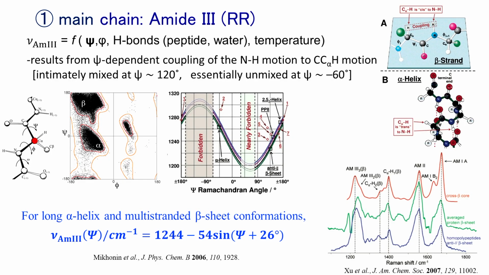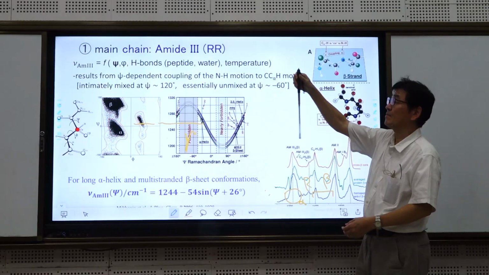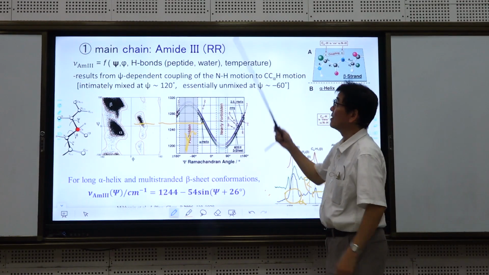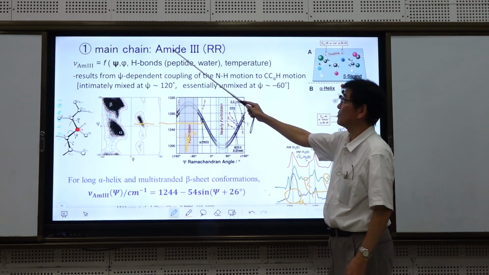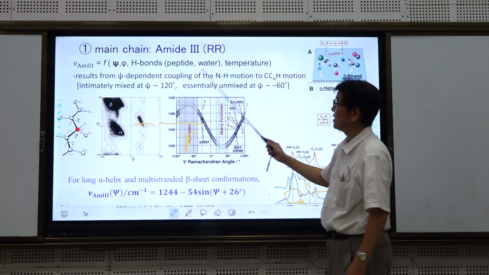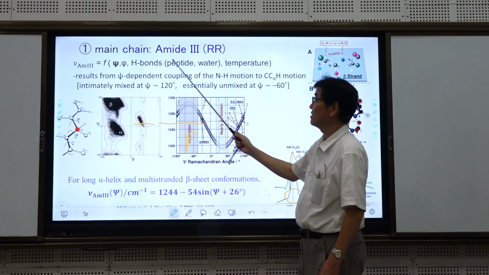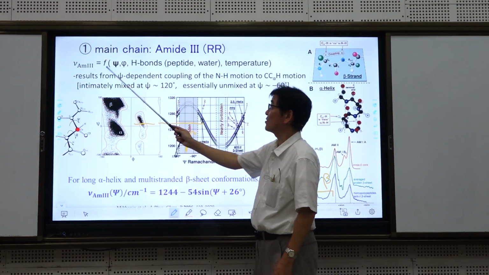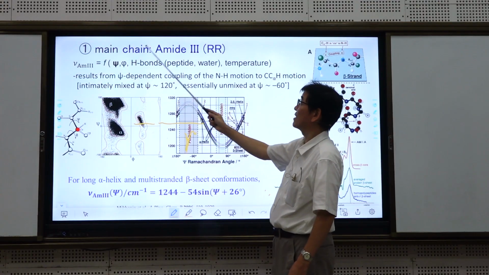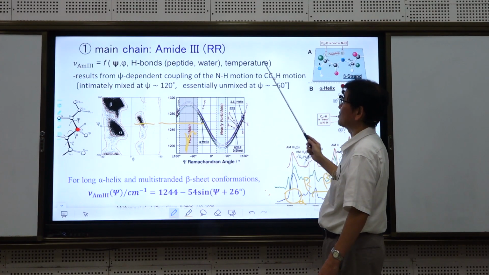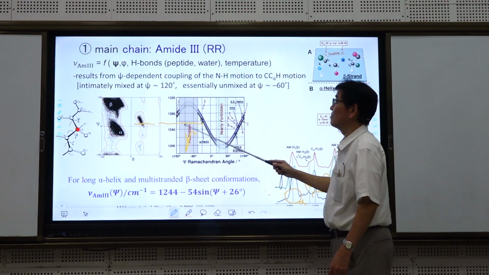Amide 3, I explained, is NH bending plus CN stretching mode. And this peak position is studied in resonance Raman spectroscopy, and it is considered that the frequency is a function of phi and psi, hydrogen bonding between peptide and water, and the temperature.